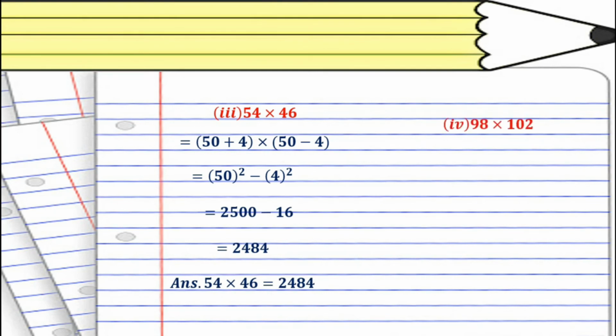And now the fourth one, 98 into 102. So (100 minus 2) into (100 plus 2). So 100 raised to 2 minus 2 raised to 2. So 10,000 minus 4. So that will be 9,996.